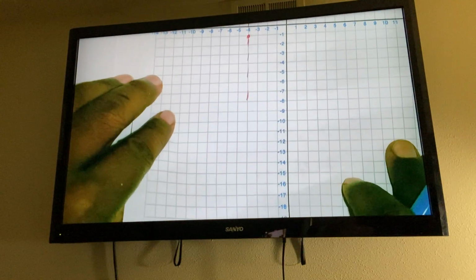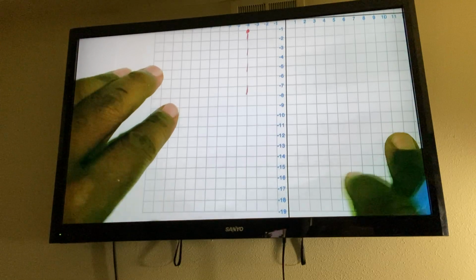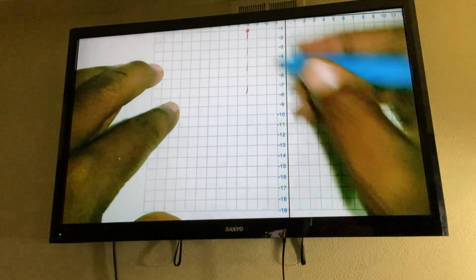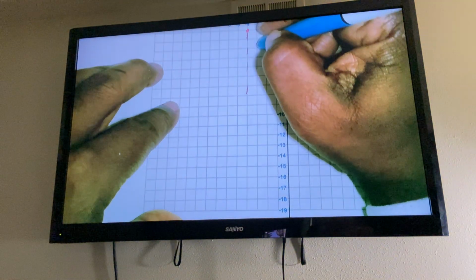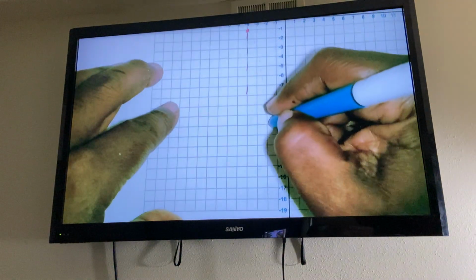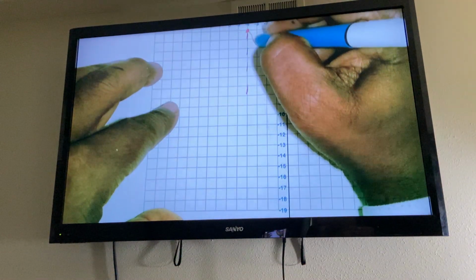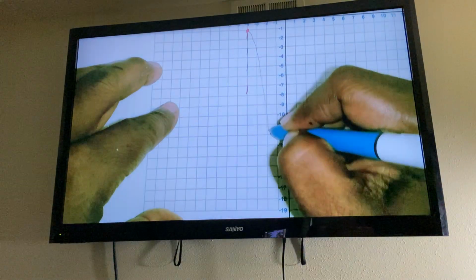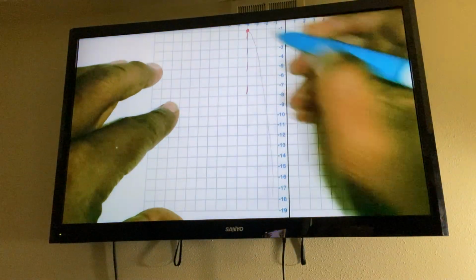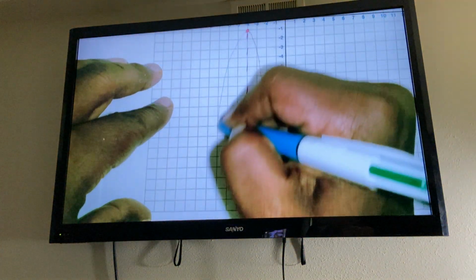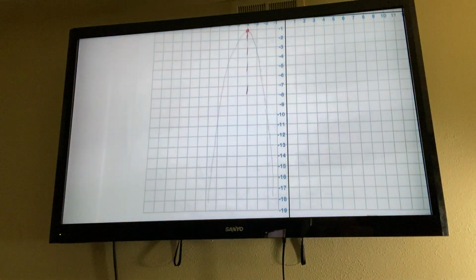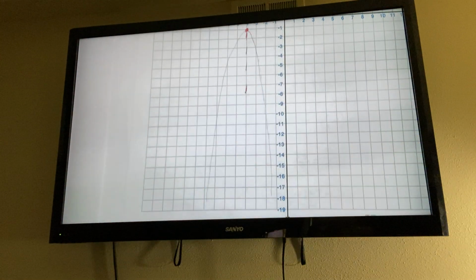Okay, we know it's going to be going down, and since we know our y-intercept is way off the graph, we know we won't touch it for a long time. So we know it'll be going down like this, and it'll be going down like this. Okay, and we know our vertex. Okay, so now, let's take this and go back to look at our options.